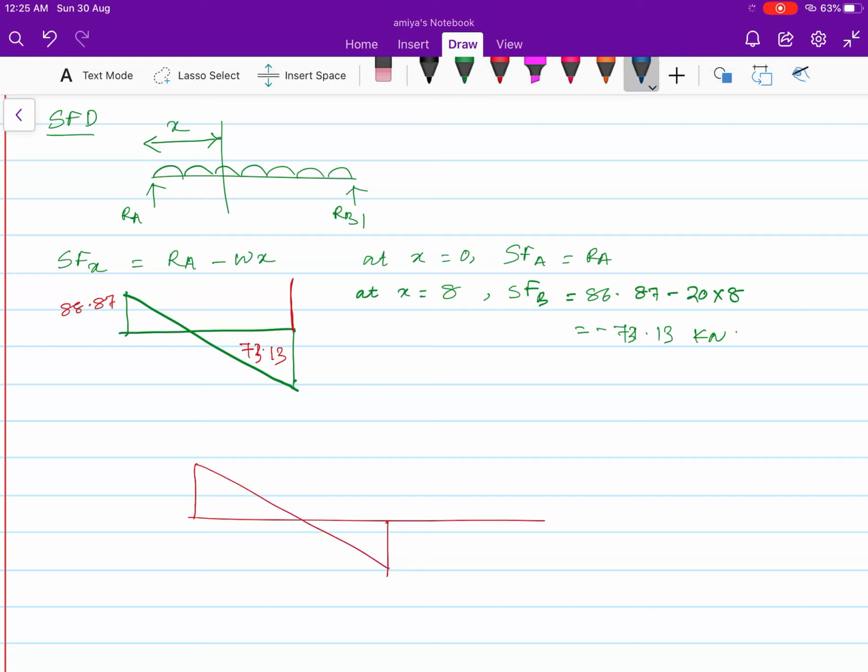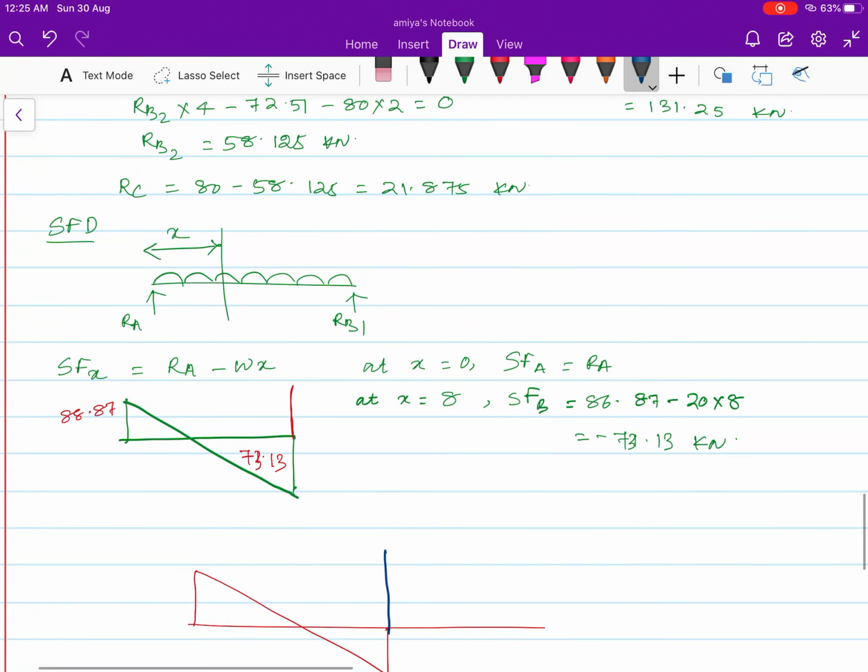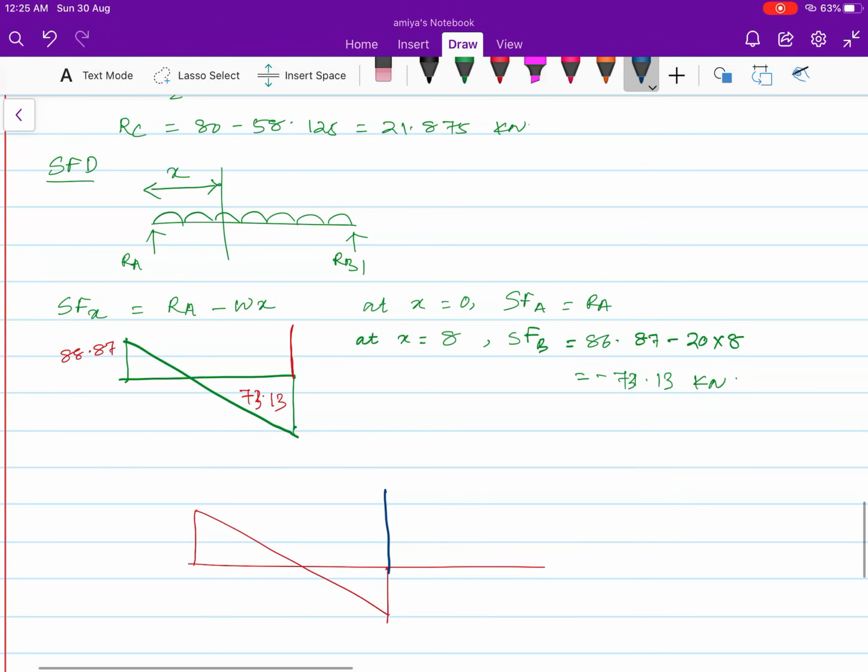Now 58.125, up to here it is constant. Now 80.